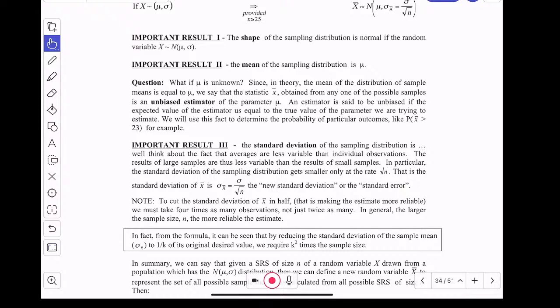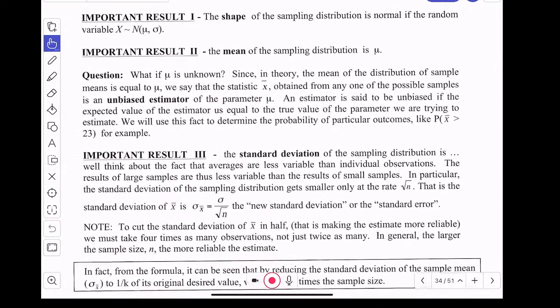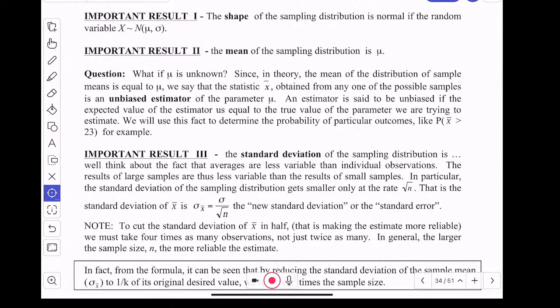So the important results are that the shape of the sampling distribution is normal if the random variable x is normal. That's the first one. Important result number 2, the mean of the sampling distribution is the true mean.